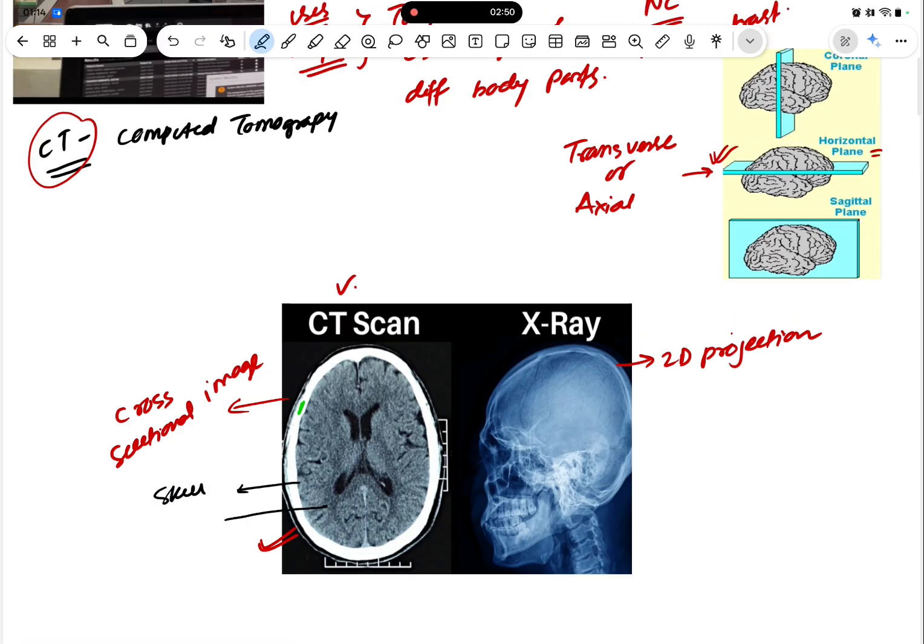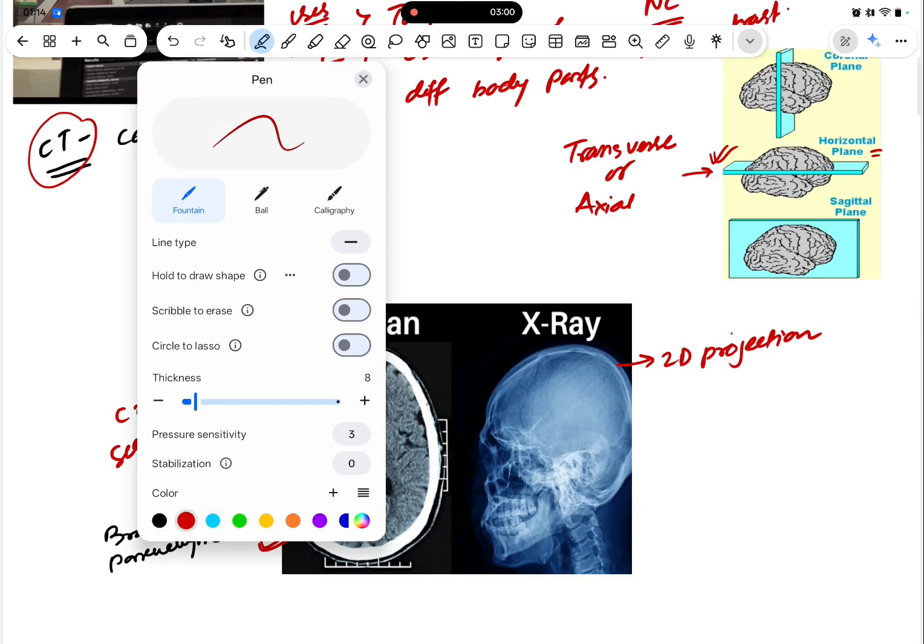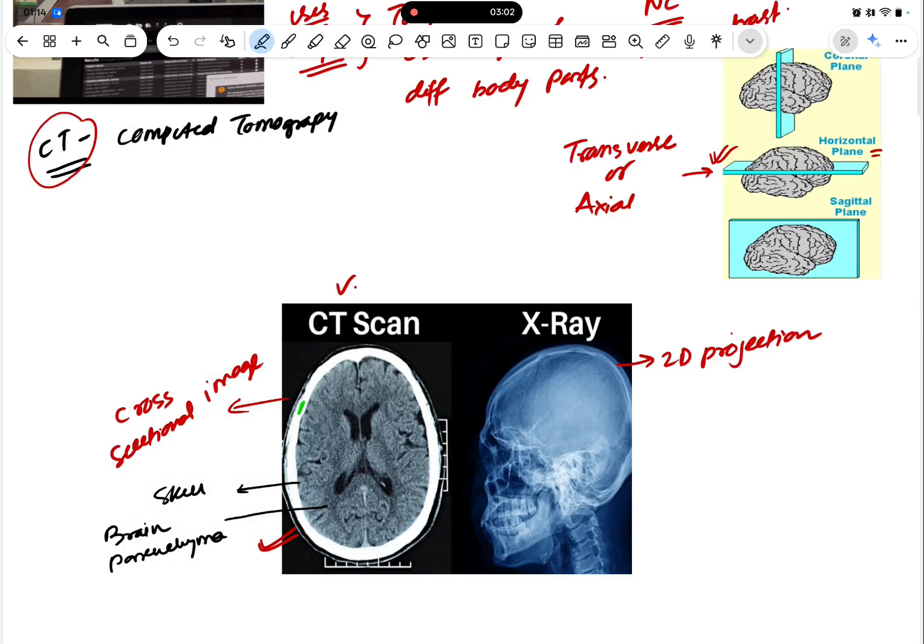Then this is the brain parenchyma. This is the lateral ventricles. This blackish area is the lateral ventricle. It contains CSF.